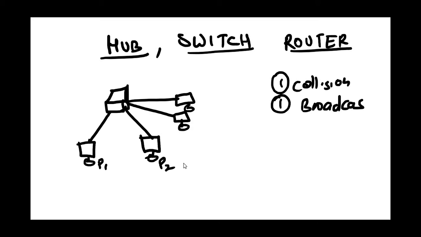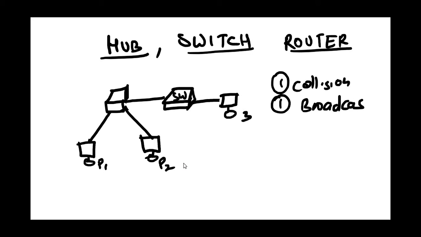So now let's talk about the switch. Let's add a switch to the hub. So this is our switch, in which P3 is connected. So now if P1 wants to send a message to P2, it will broadcast the message and only P2 will receive it this time.